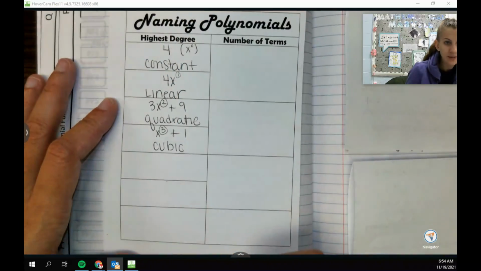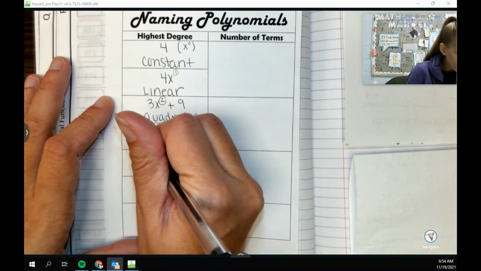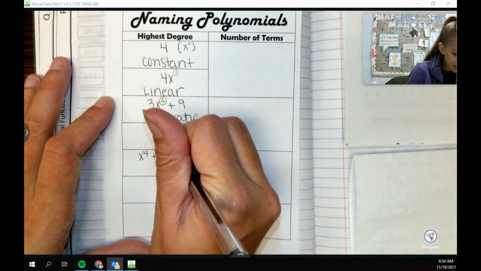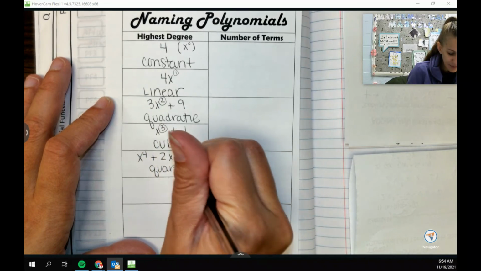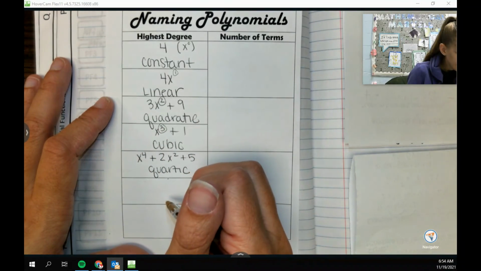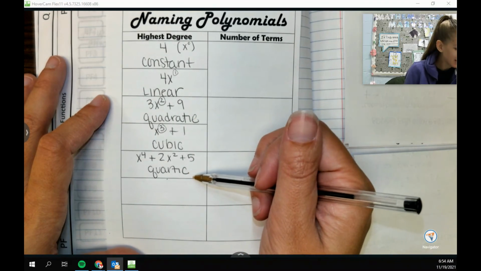So that's a low-key one. If I have something to the fourth power, that is quartic. 1, 2, 3, 4, 5. Am I missing one?